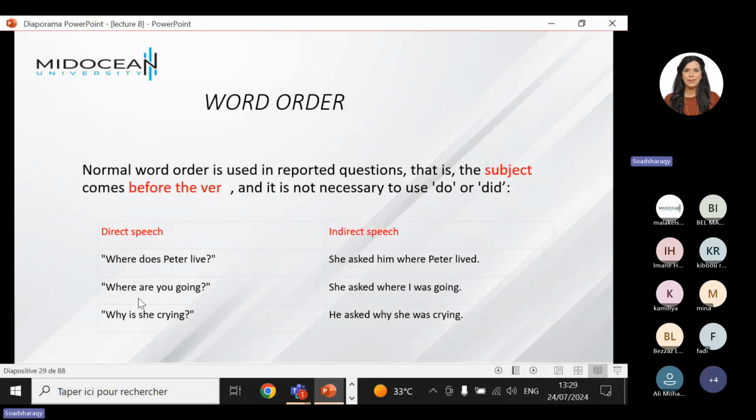Indirect speech: she asked where I was going. So here, as you see, in the indirect speech, the subject comes before the verb. Here is the subject, she, and the verb asked. Why is she crying? Indirect speech: he asked why she was crying.